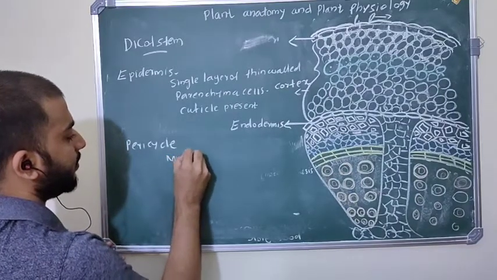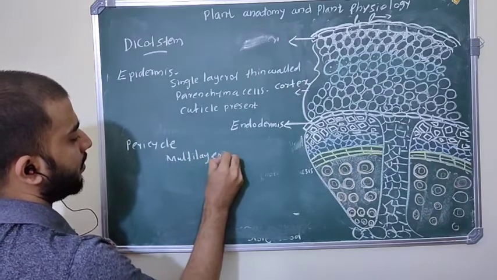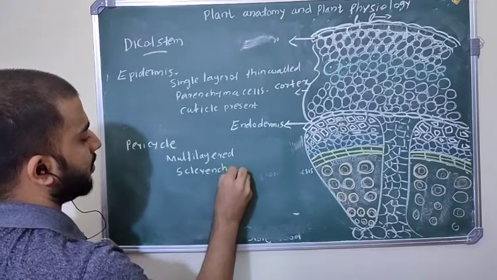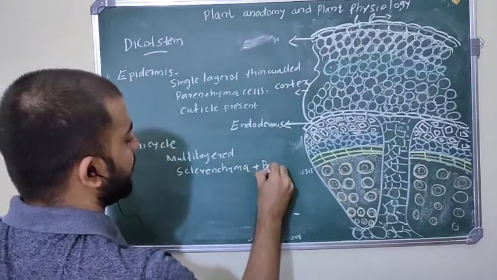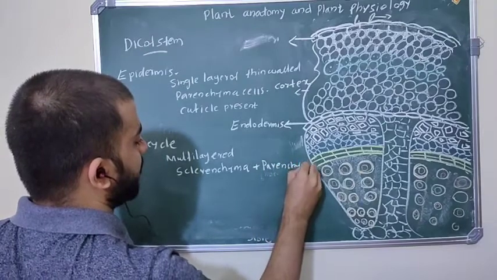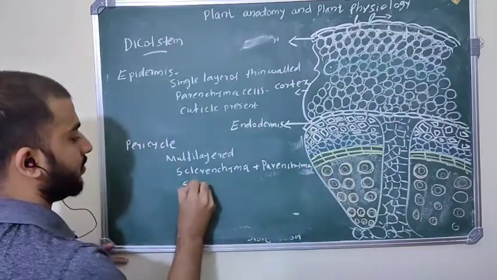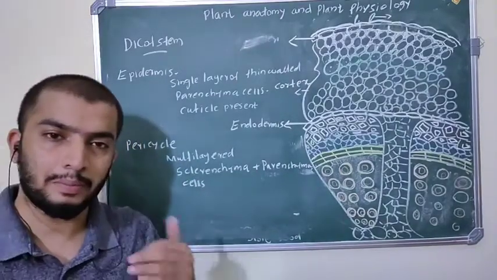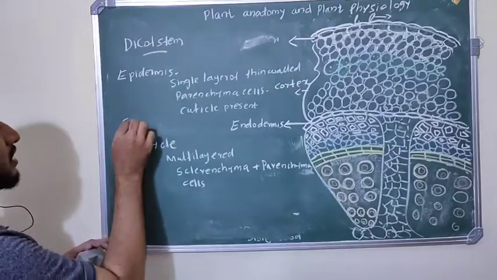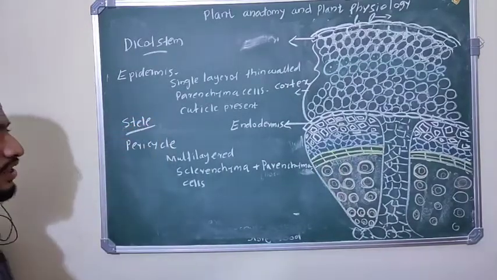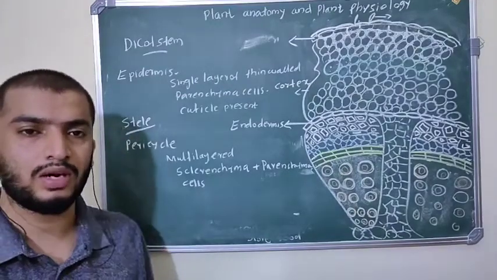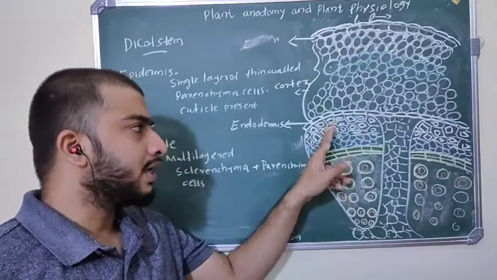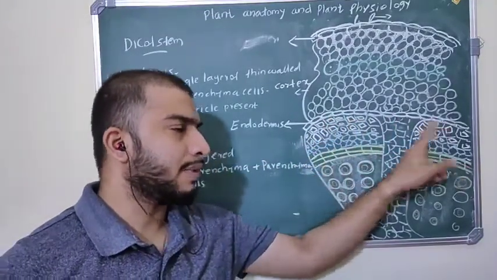Pericycle is multi-layered, with sclerenchyma cells and parenchyma cells. So pericycle, then vascular bundle and pith: these three parts come under stele. I've told you about stele. Stele includes pericycle, vascular bundle and pith. So pericycle is multi-layered, made up of sclerenchyma alternating with parenchyma cells.